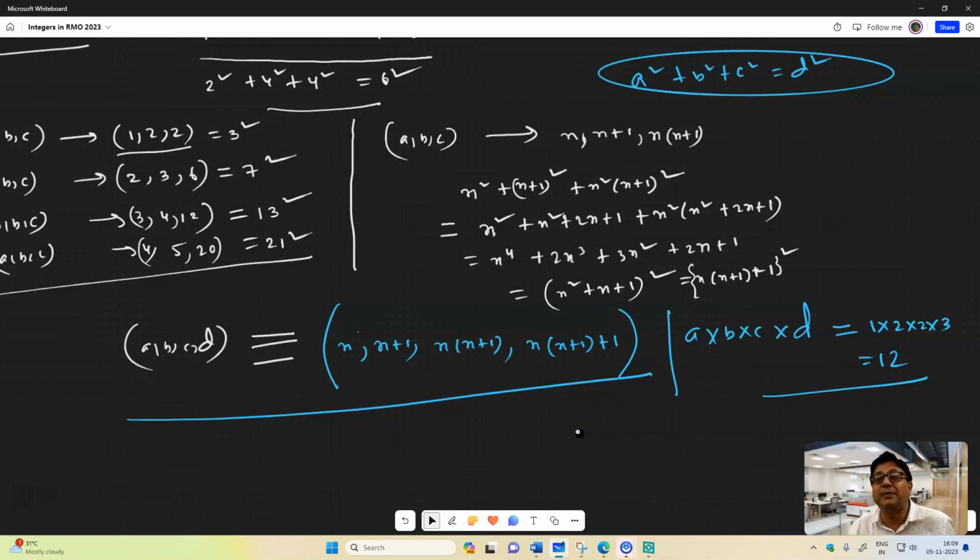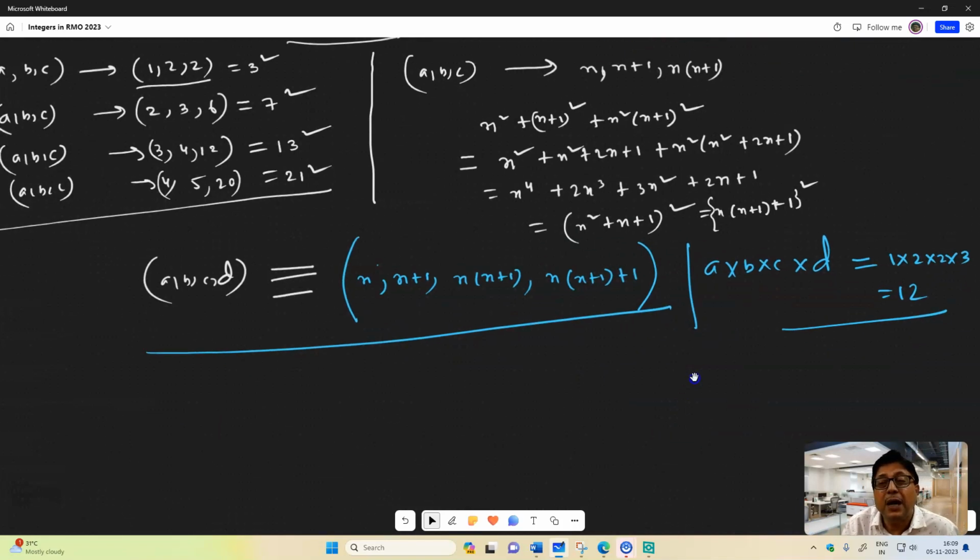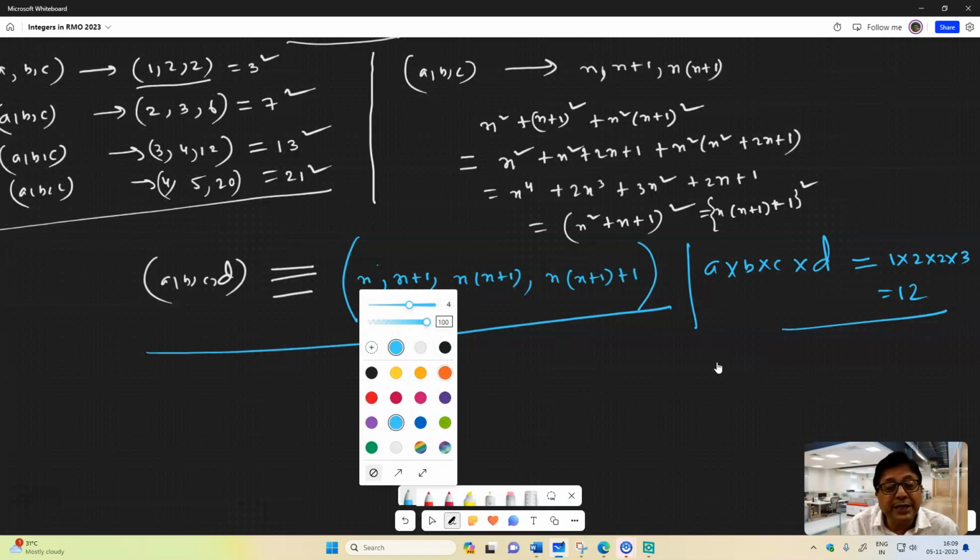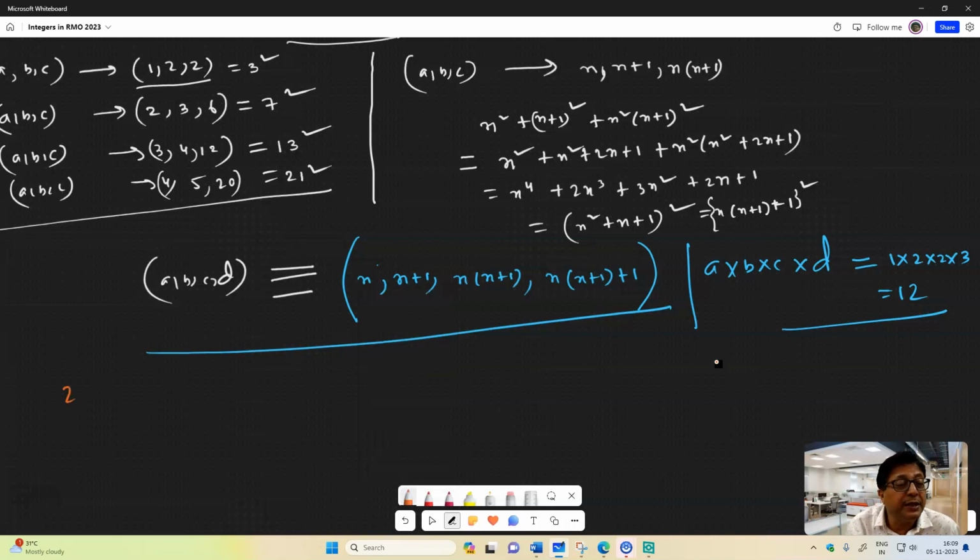We don't know whether other values are possible or not. We have to get some idea from here that integers are of the form, when a number is divided by 2, we take integers of the form 2k plus 1. Okay. Integers can be of the form 3k plus 1, 3k plus 2.